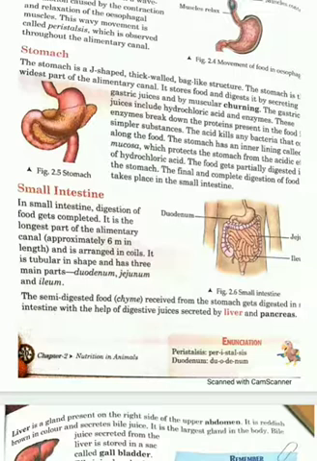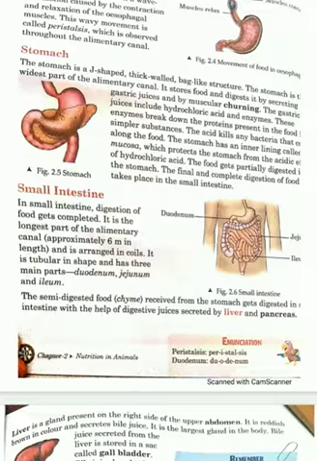So what is the work of pepsin? Pepsin's work is to break down protein into simpler particles. We can say the protein gets simplified into peptone and peptides. Then what is the role of dilute acid?